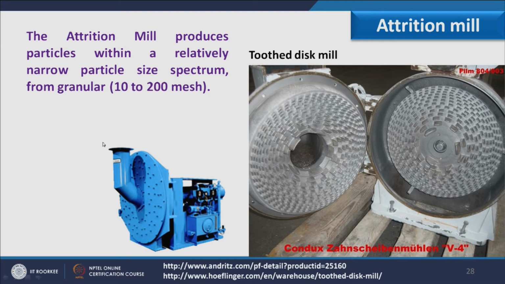So, feed comes from here and when it falls between the two plates, due to rubbing action the size of the feed is reduced. And here you see we have grooves or teeth on the plates, and this we call the toothed disc mill.